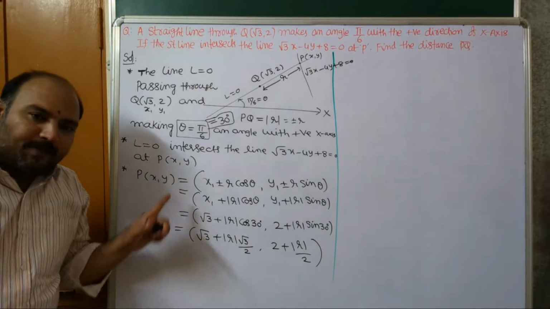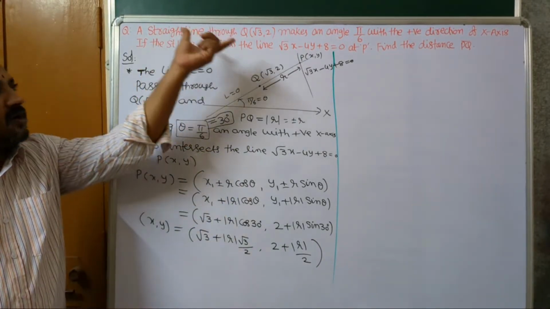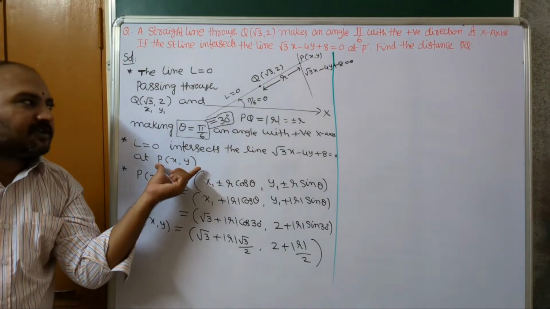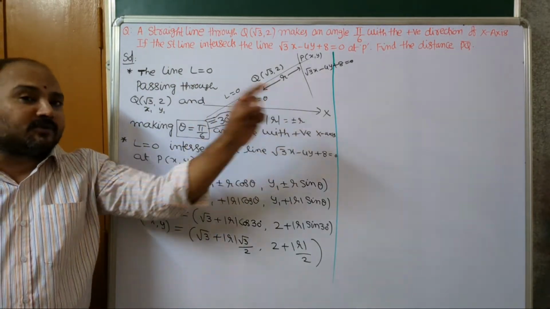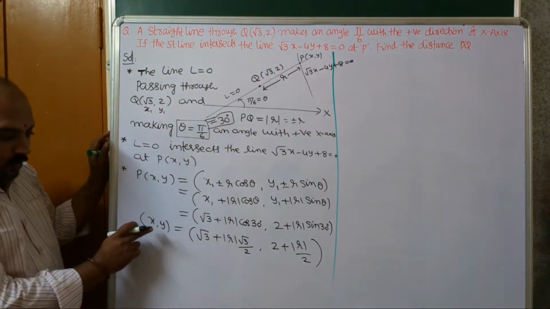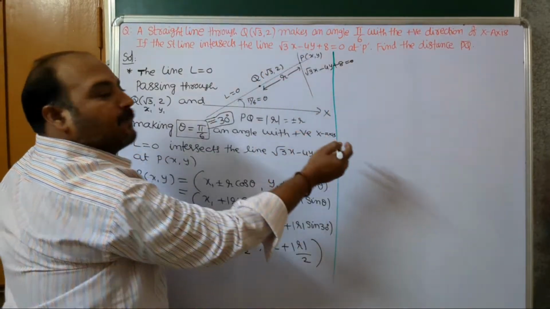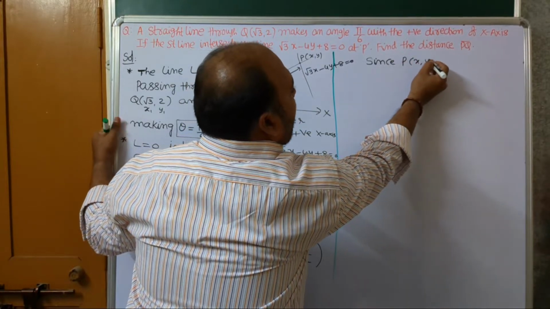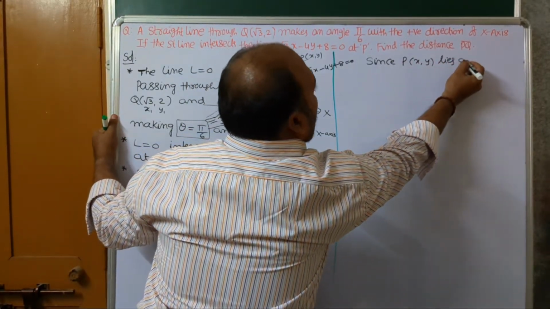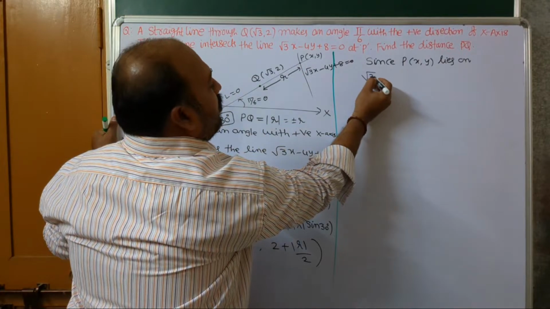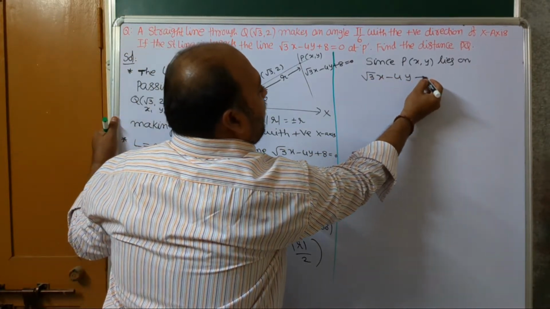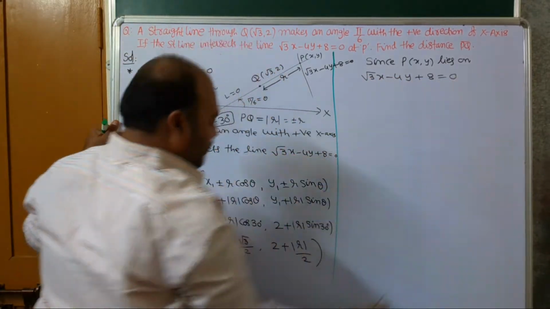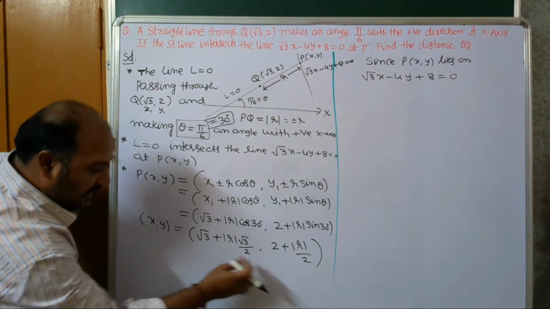We have applied parametric equations here, and from the question itself we wrote the matter, and understanding the diagram is very important, students. So P of x comma y lies on the line root 3x minus 4y plus 8 equal to 0. This is the x value, this is the y value.